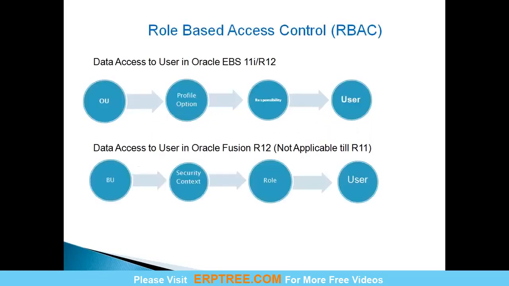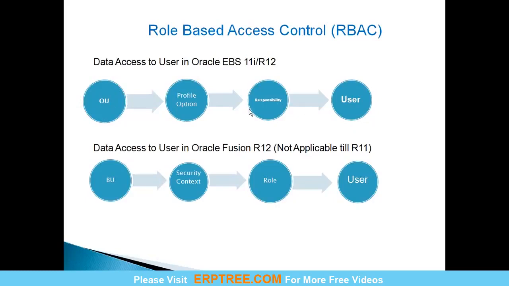So let's take a simple example to understand how role-based access control works in the Fusion application. I have given the slide by comparing with EBS. If any user wants to have access to the system in our EBS environment, that could be 11 or release 12, how will the logic work?